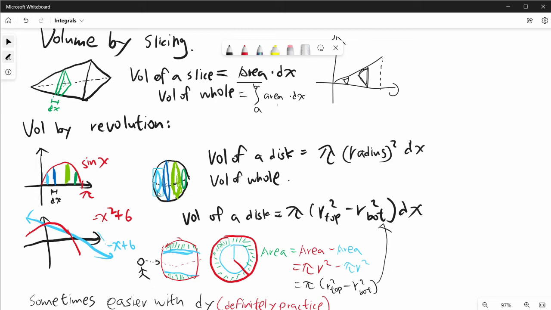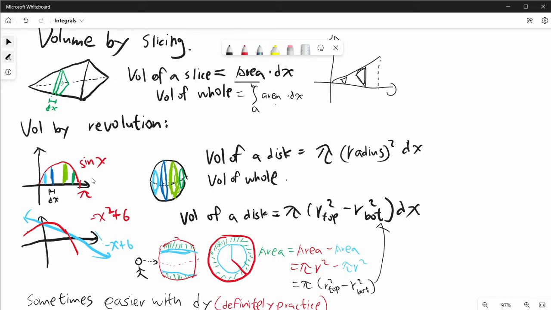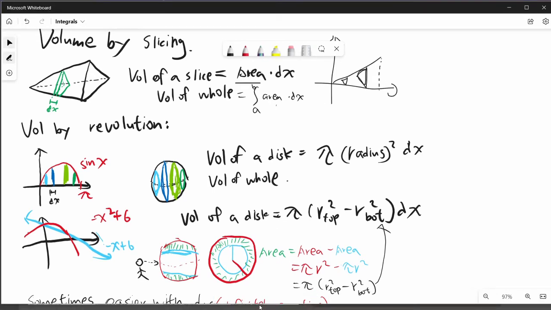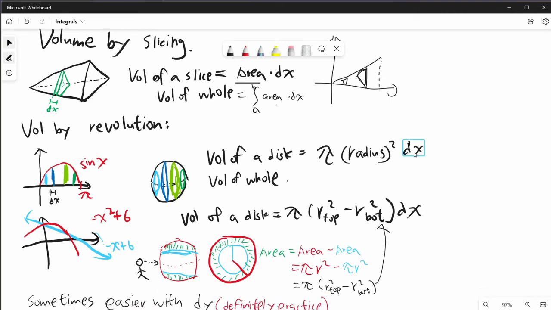Looking still at this part, generally the volume of the disk is really just the area of that circle times dx, same thing as the slicing up here. The area of the circle is just pi r squared.